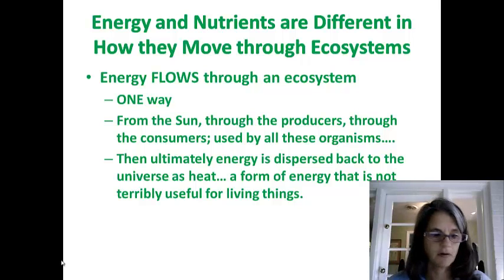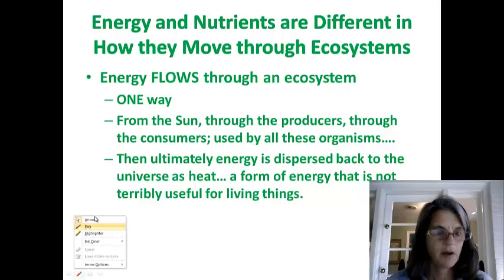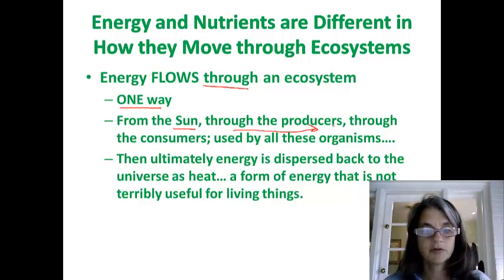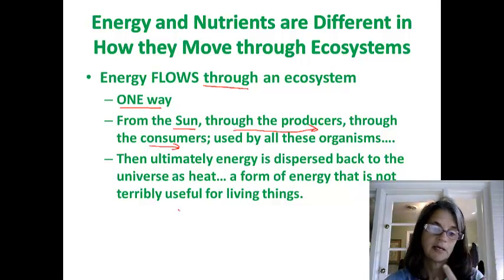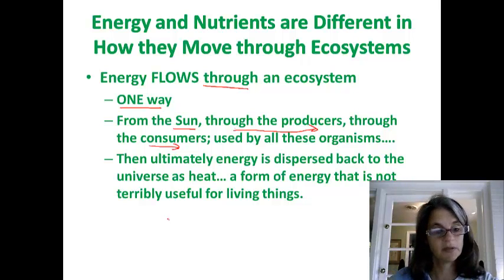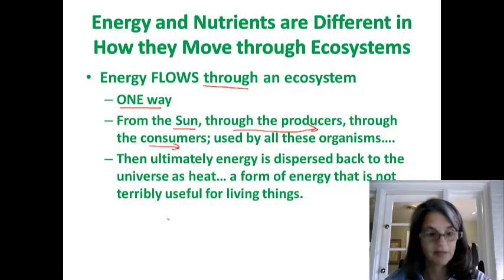Now, if you will recall, energy flows through an ecosystem one way. It goes from the sun, through the producers, through the consumers, and it's used by all those organisms, but ultimately it reaches the end of its usability because there's just not enough left anymore.